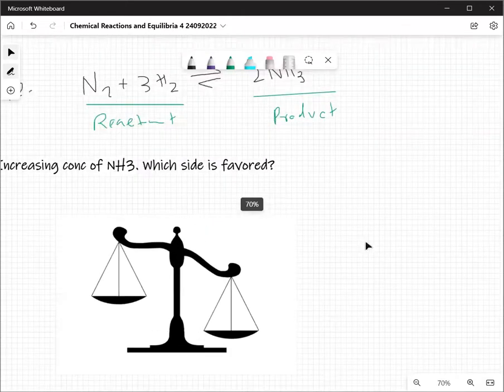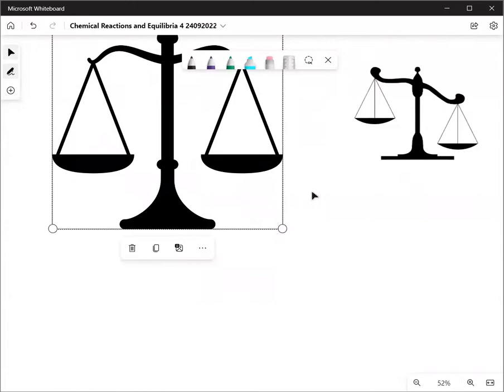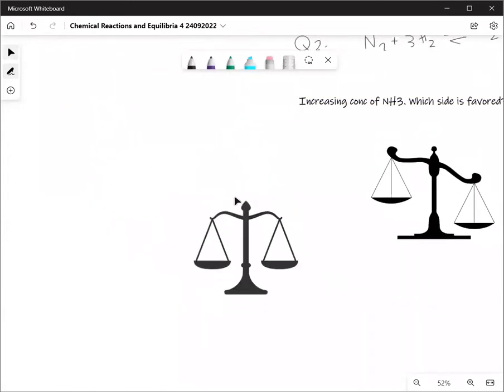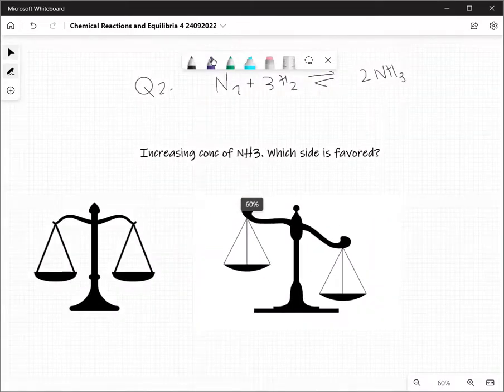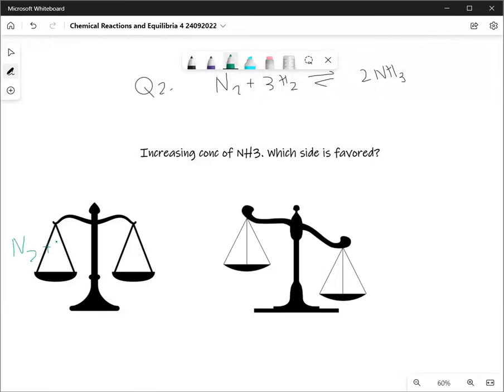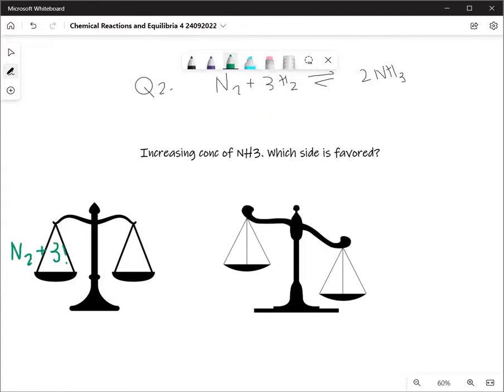Now look here. This is what you had already. You have to balance here. Let's focus on this. Can you see the diagrams here? It was balanced in the beginning. So we had N2 plus 3H2 on this side.